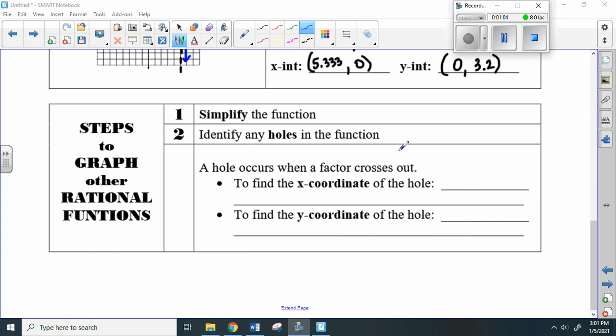Now, a hole is literally just an open circle or open point on the graph, but you have to know where that point is.